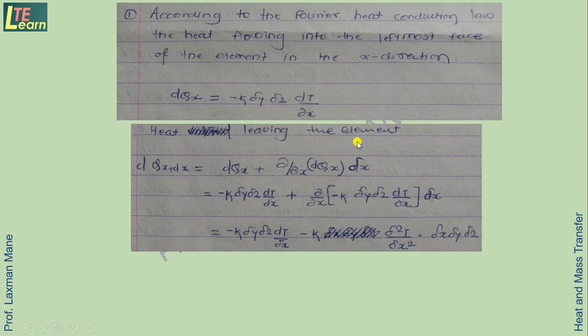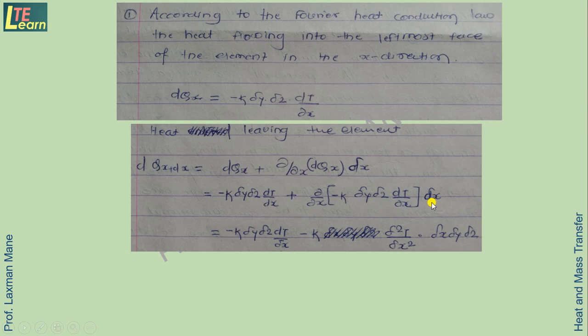Heat leaving the element is dqx plus dx. So here dqx plus the partial derivative of dqx with respect to x, that is del by del x of dqx. Putting the expression for dqx as it is, plus del by del x of the expression inside the bracket into dx.